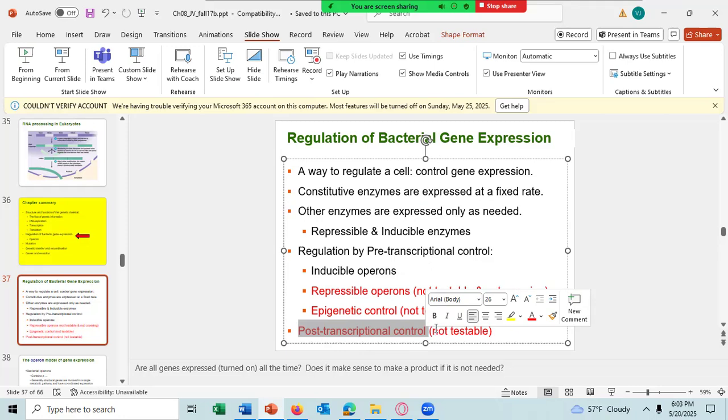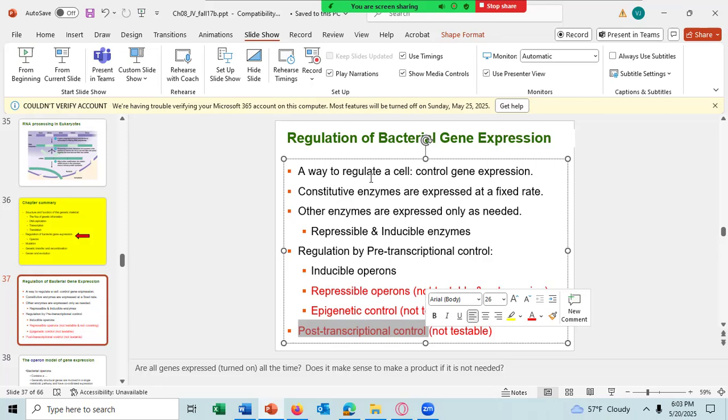But one way you can do it is you can inactivate the protein, and then the protein won't be active in the cell. We're going to talk about controlling gene expression. There are some genes which are expressed at a fixed rate. These are called constitutive genes or constitutive enzymes.